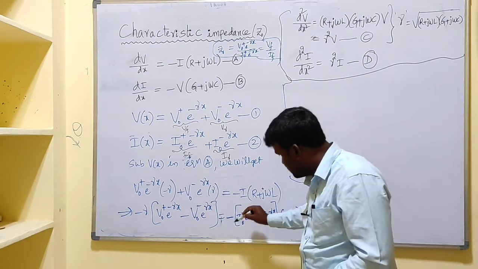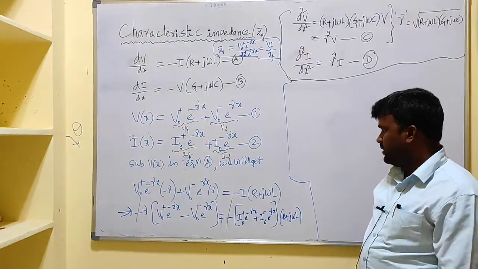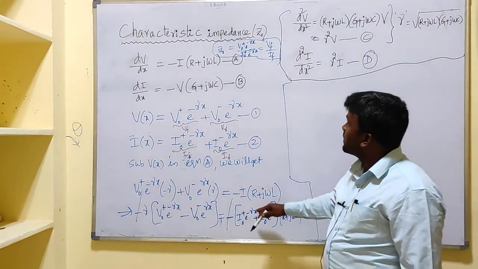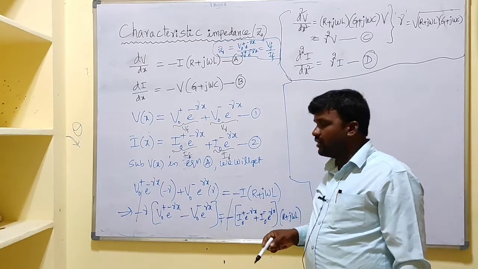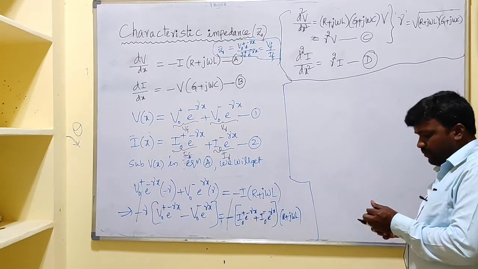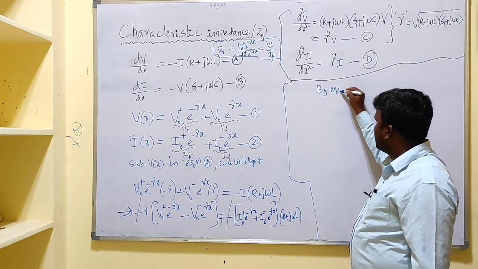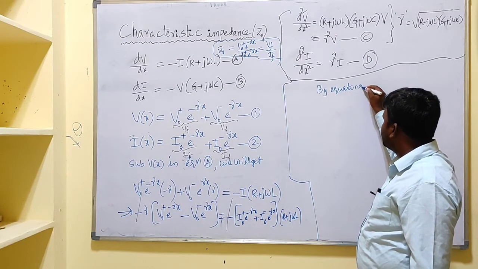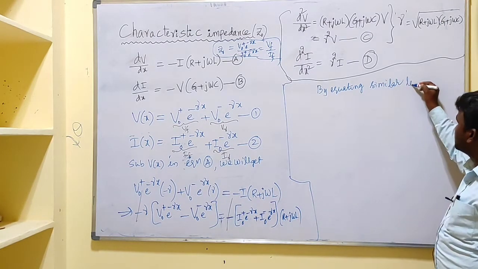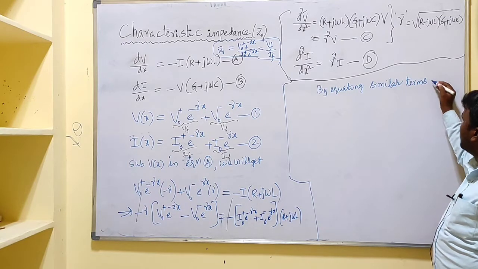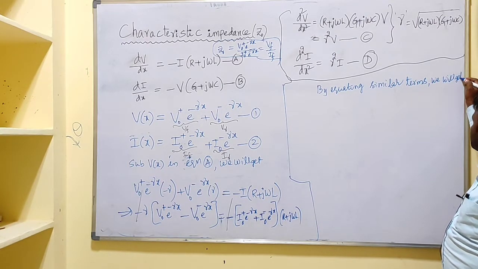Here it is minus, here also minus, so minus minus cancels out. What we require, by equating the similar terms, we will get V naught plus e to the power minus gamma x by I naught plus e to the power minus gamma x. Please see the similar terms.